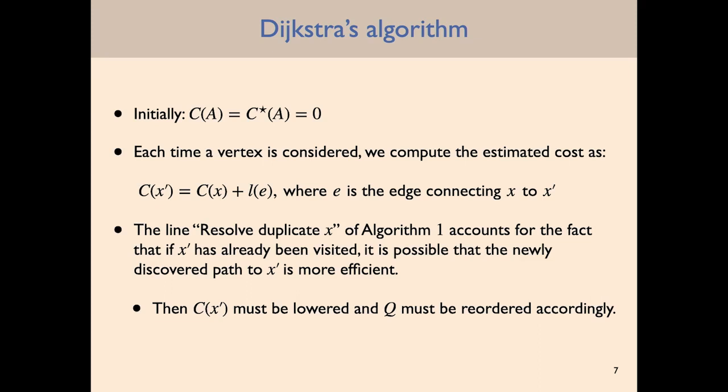So if the new C of x plus L of E is lower than the previous best estimate of the cost to come for x prime, then we're going to update that estimated cost to come. And then we're going to just reorder Q accordingly based on the new estimated cost to come.